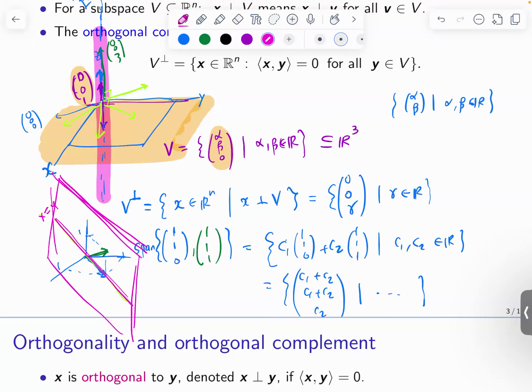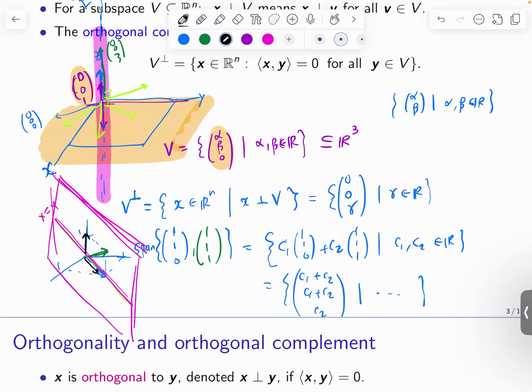And linear algebra agrees because they're linearly independent and they form a basis. You could have taken different bases. I could have taken, for example, this guy and this other guy, and these two would span the same subspace. It would have been easier. Right, I did it the hard way.